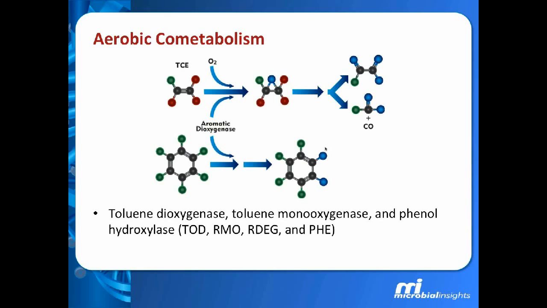Each of the toluene monooxygenases, or more specifically the ring hydroxylating monooxygenases like toluene 2, 3, and 4 monooxygenases, have been shown to be capable of co-oxidation of TCE. So when expressed, toluene dioxygenases and monooxygenases may be contributing to the cometabolism of TCE, particularly at mixed waste sites where TCE and BTEX, or in this case chlorinated benzenes, are co-contaminants.